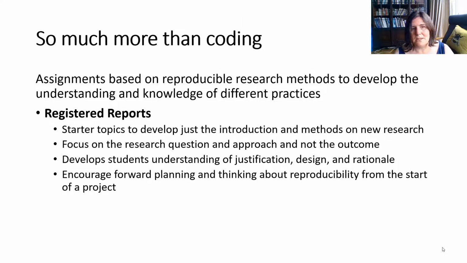So the focus is really on that research question and their methodological approach, and not necessarily on the data outcomes that are going to come out of that, because we don't ask them to gather data for it. It develops students' understanding of the justification, design and rationale for experiments, and so they can critique those in other experiments as well, and it encourages them towards planning and thinking about reproducibility right from the start of a project.